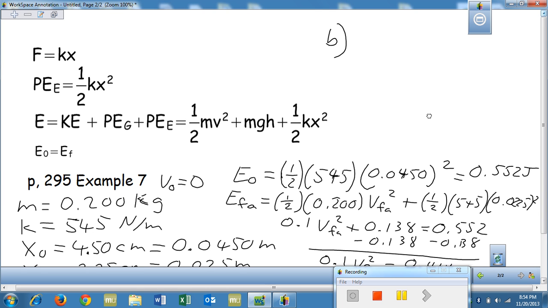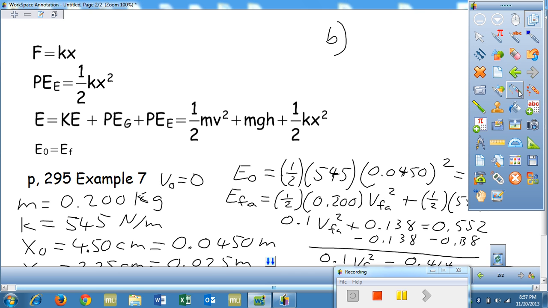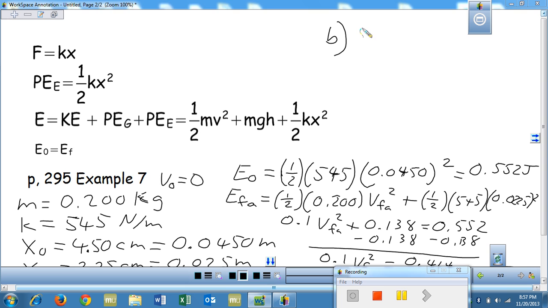So that means that our kinetic energy, which is just 1/2 m, which is 0.200 V final B squared has to equal this initial elastic energy, which was 0.552.